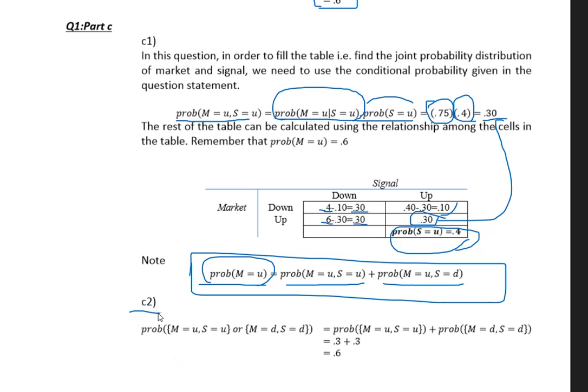And for the final part, we are required to calculate the probability that this person is right, which is of the form of these two disjoint events. And similar to the previous part, if we just plug in these numbers from the table, we obtain that this person is right 60% of the time. This is the end of part C of question 1, exercise set A.